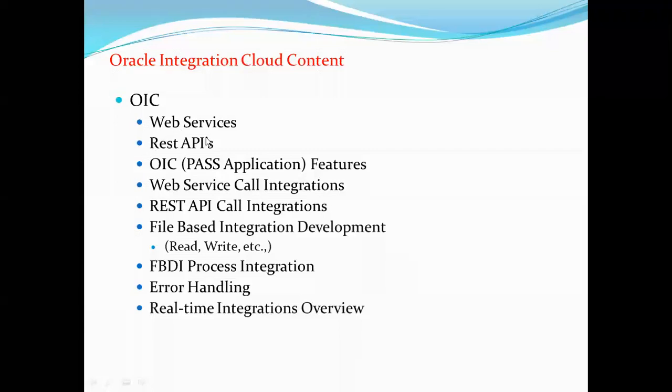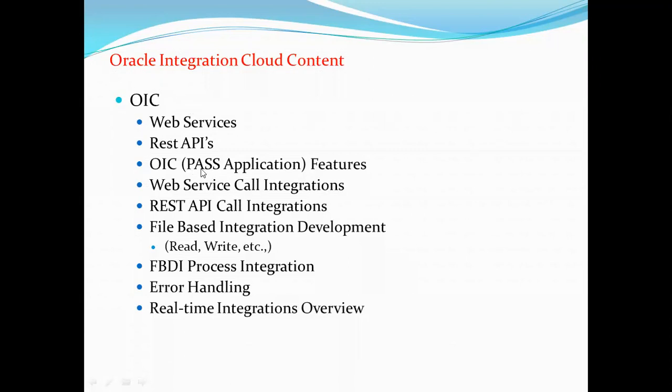We provide an endpoint URL to the source systems, and the source system can invoke our endpoint URL using certain credentials. That way, the source system data is pumped to our OIC application, which is the middleware layer.